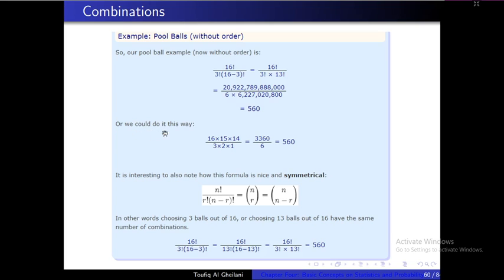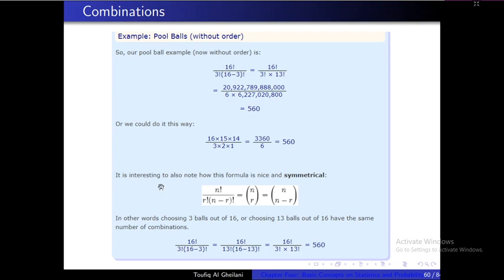Or we could do it this way: 16 times 15 times 14 times 13 factorial, and we cancel with the denominator 13 factorial, and 3 factorial is 3 times 2 times 1. By your calculator you will get 560.